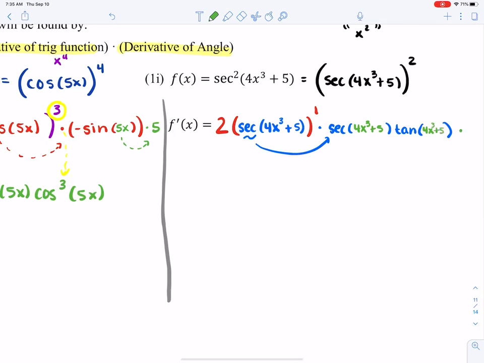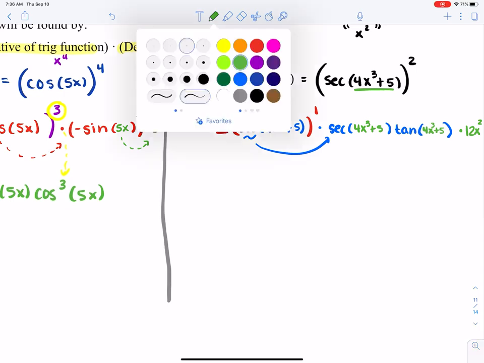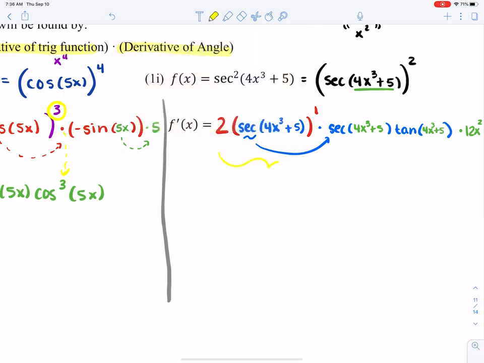And then we're finally going to multiply by the derivative of the inside. And you're not doing it twice, just once. Even though you see an inside twice, just once. The derivative of the inside is going to be 12x squared. So let's talk through all these pieces here. Here's my power rule derivative of the outside. This is my derivative of secant, and then this is the derivative of the innermost function.